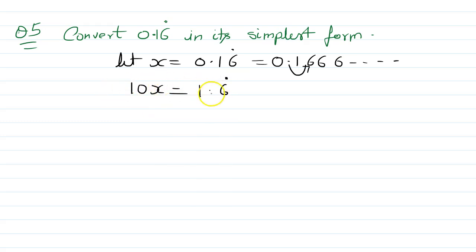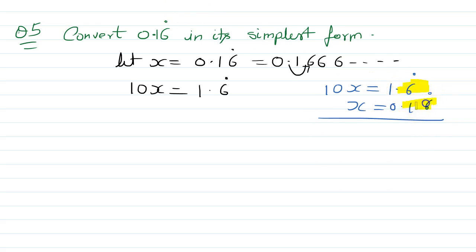Now this is 10x. Let's write down here. So we have got 10x equal to 1.6 recurring and x equal to 0.16 recurring. As I told you, after decimal, here is 0.6 and here is 0.16, so this is not working. So let's multiply by 100.